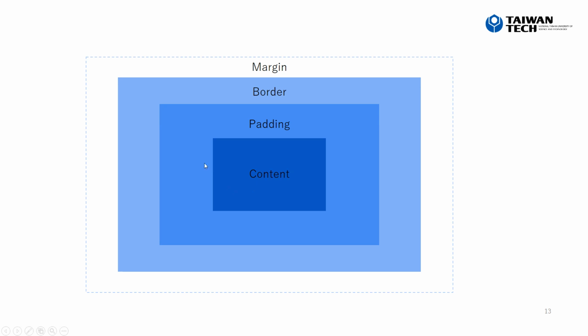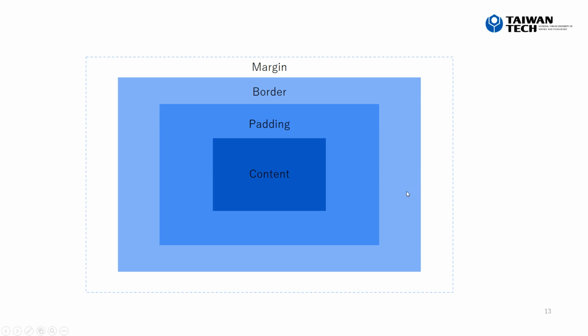Not only the padding, border will also be recognized as one part of yourself. So if today your content is 50 pixels, your padding is 10 pixels and your border is 10 pixels, how much is your total width, your actual width? Padding is 10 pixels on the left and 10 on the right, so it's 20.